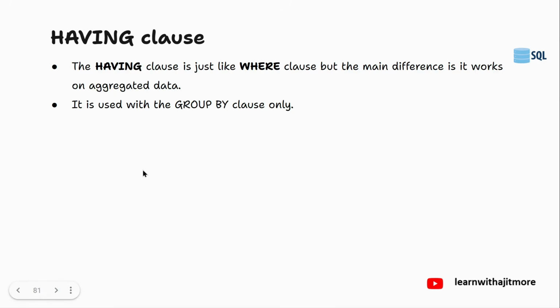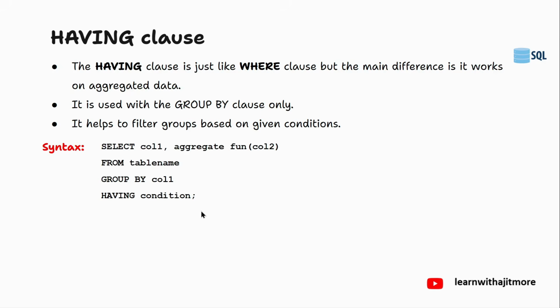Only in MySQL, if you don't write group by and directly write having, it considers the whole table as one group. It helps to filter the groups based on a condition. So it filters the group outcome, not individual records.